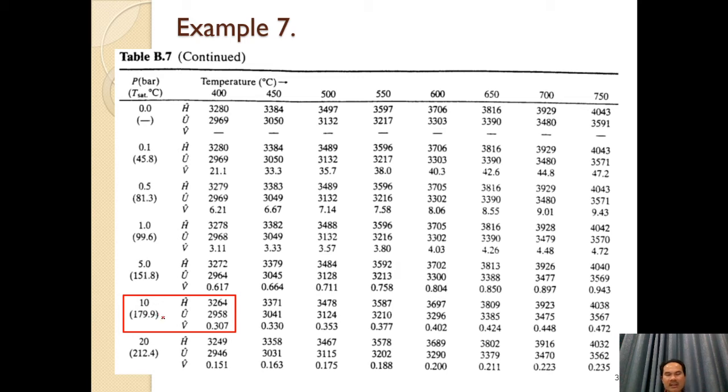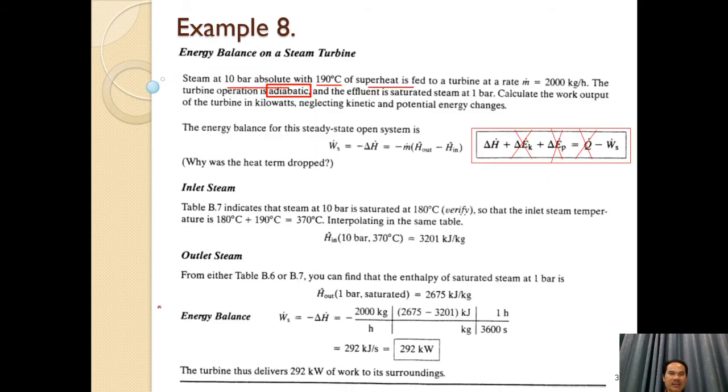But in this system the temperature is higher than that because of the superheat. Superheat means the temperature is higher than the saturation temperature. It is equal to 179.9 plus 190.